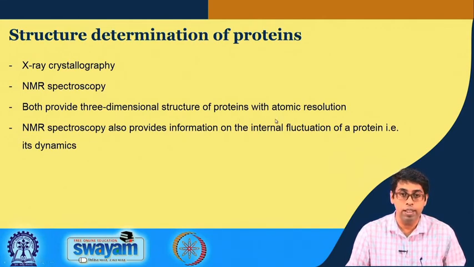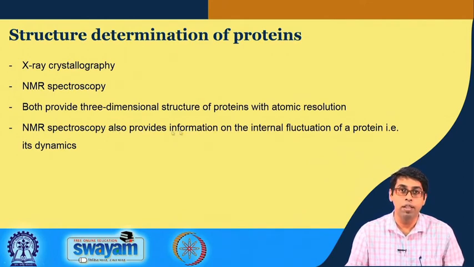So, you will know exactly where each atom is in space. NMR spectroscopy also provides you some additional information, such as the internal dynamics of a protein. A protein is not a static molecule. Different parts of the protein can fluctuate at different time scales, and we can get information on those time scales using NMR spectroscopy.